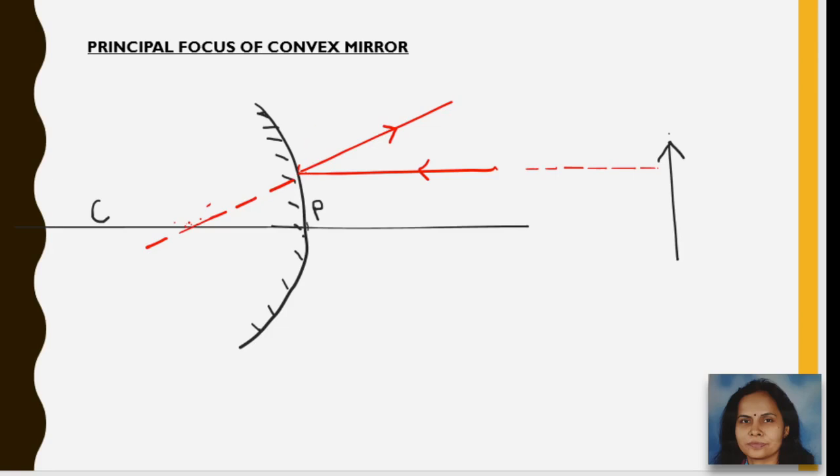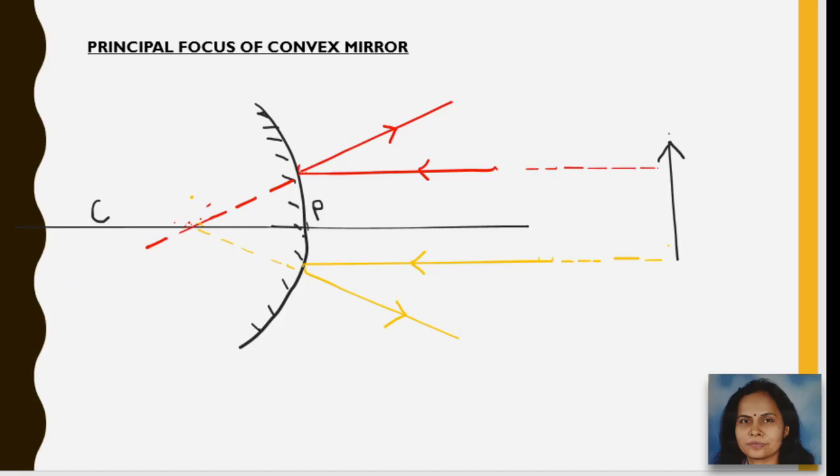So let me draw another incident ray for you with a different color so that you can distinguish. After striking the mirror, it will go in such a direction that if I take it backward, it will meet at the same point as the previous reflected ray.